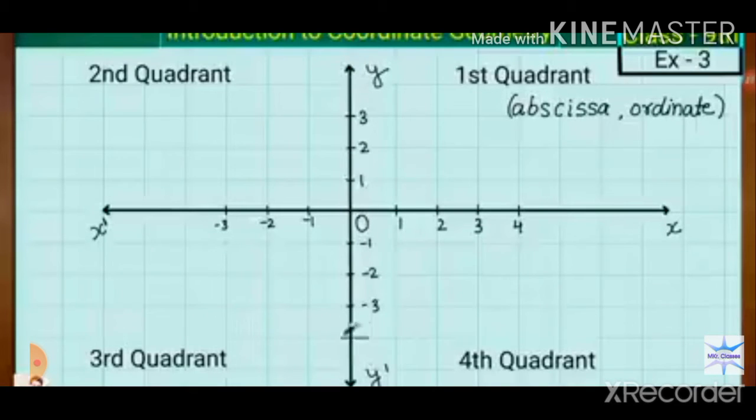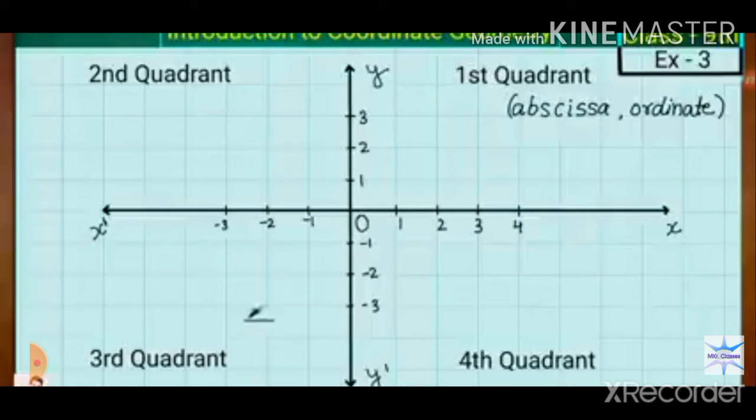These two straight lines have divided the plane into 4 parts, and these parts are known as first quadrant, second quadrant, third quadrant and fourth quadrant.